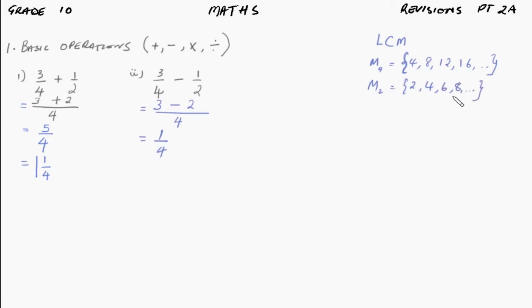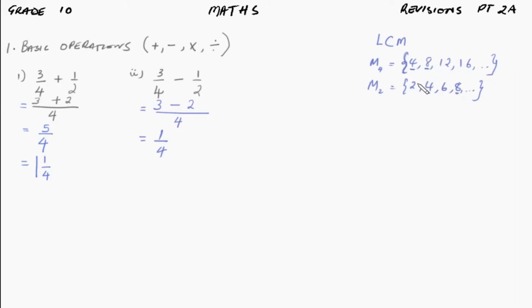Now, let's look at the common multiples. You will realize that 4 is common because it appears in both sets. And 8 is also common because it appears in both sets. They are common multiples.